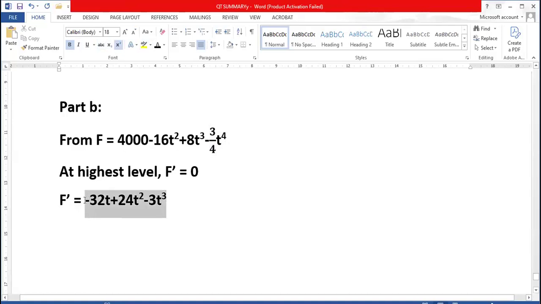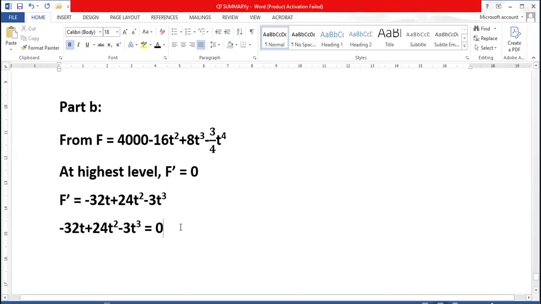Equate this first derivative to 0. So you see now you have t. Divide by t both sides.